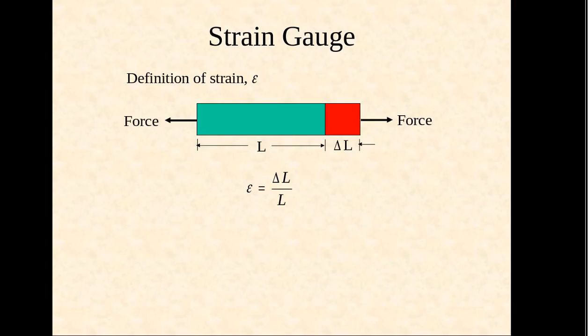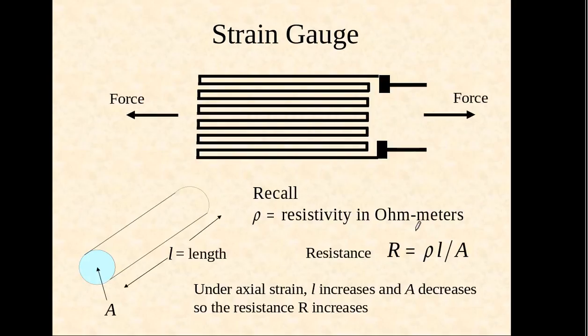So the strain is equal to delta L upon L. The strain gauge works like this: as we know, R is equal to rho L by A, where rho is the resistivity. R is inversely proportional to A. So as L increases and A decreases, R increases. So R is directly proportional to L.